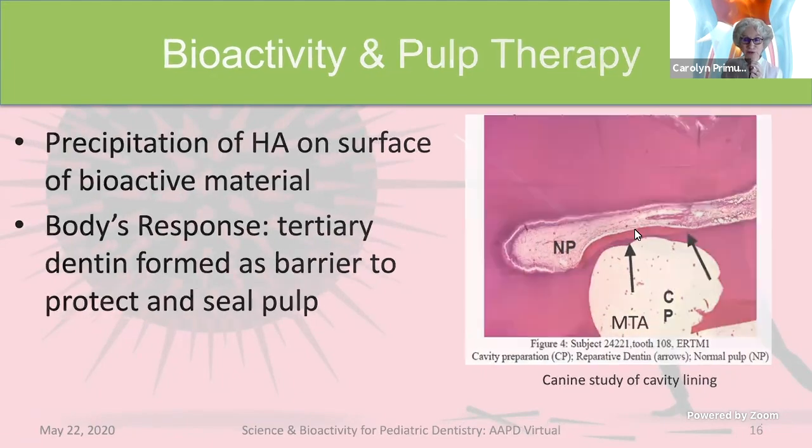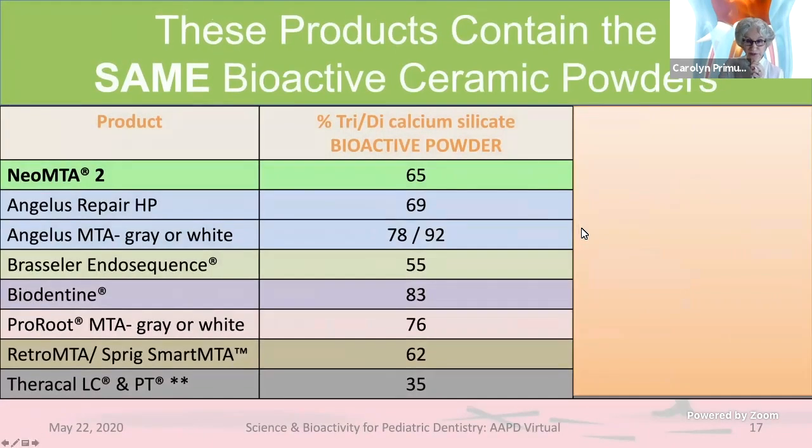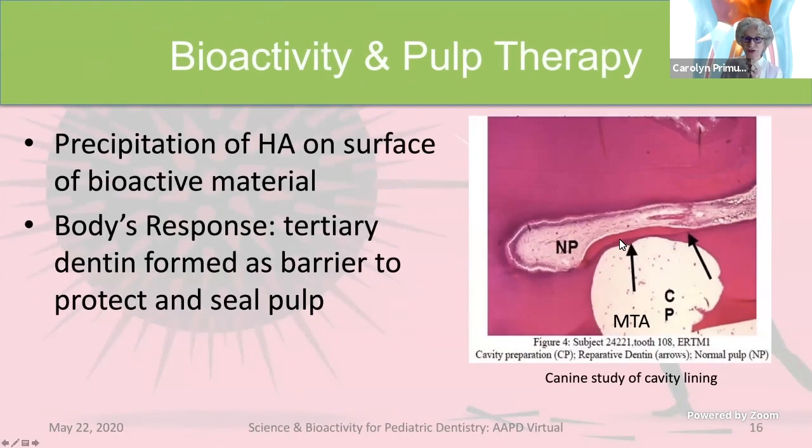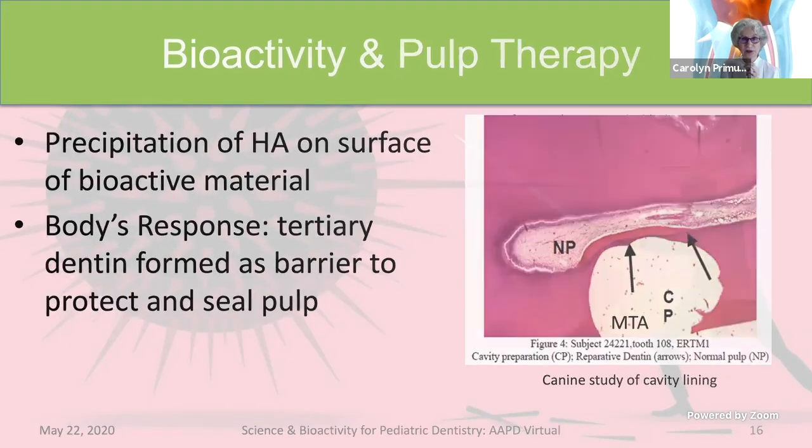And after a period of time, the MTA caused the pulp to react and form tertiary dentin. We can see this in this histological photo that was taken about 60 days after the procedure was performed. And that tertiary dentin is, of course, a protective barrier to the pulp.